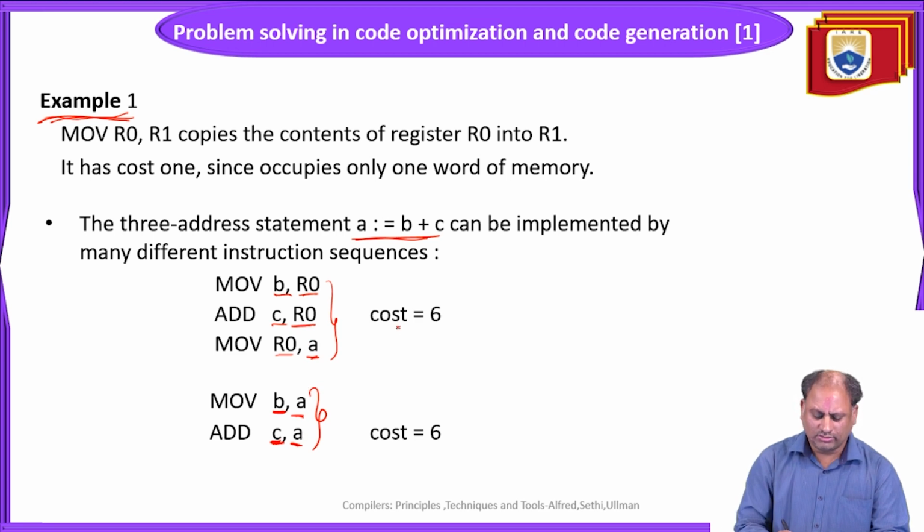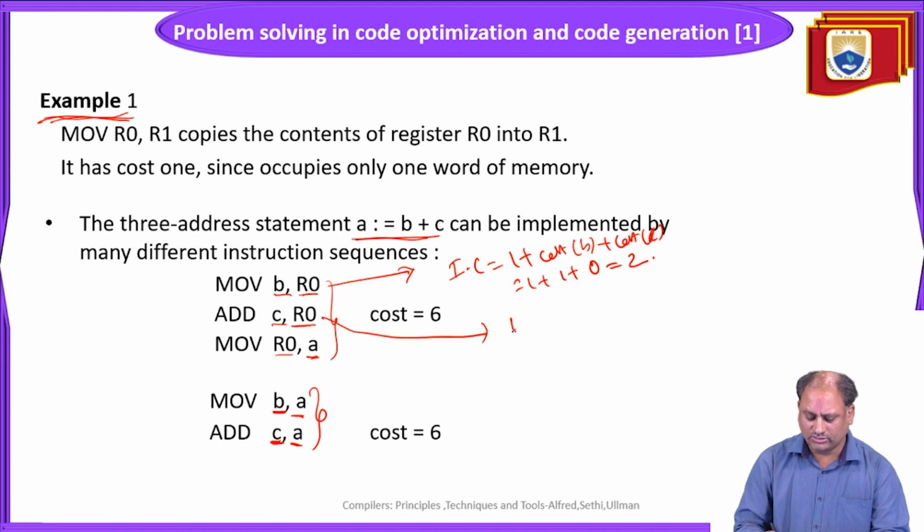So here, instead of registers, we can write the instructions in the same format. But what is the cost associated with each of the instructions in this example? Here the instruction cost equals 1 plus the cost associated with B plus the cost associated with the register. So you get 1 plus 1 plus 0, that is equal to 2.